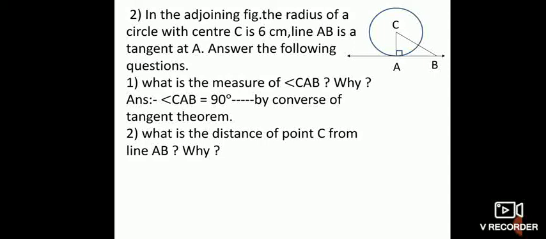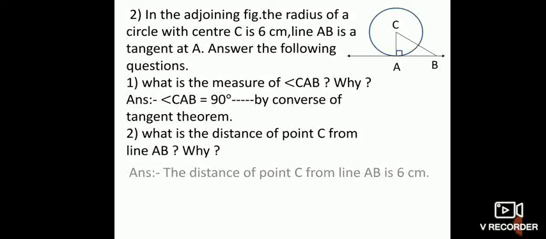Then the second question is, what is the distance of point C from line AB and why? Again, observe the figure. The point C is the center of the circle and line AB is the tangent to the circle.